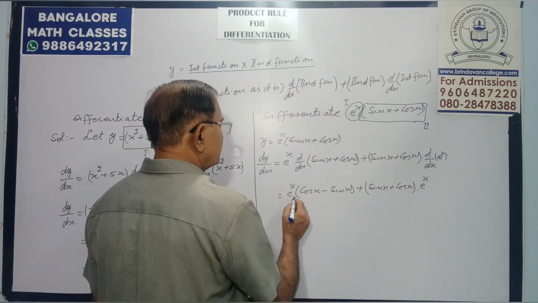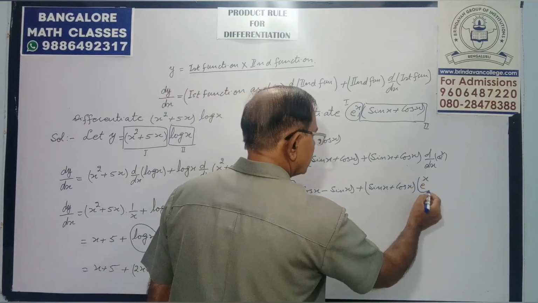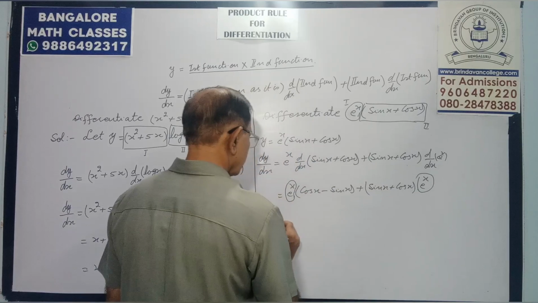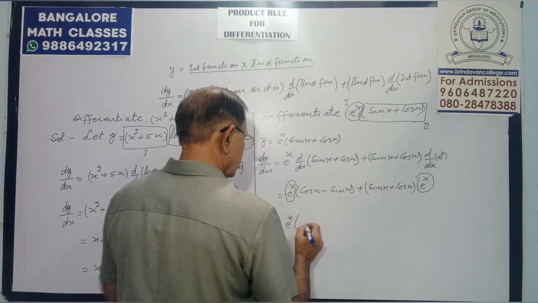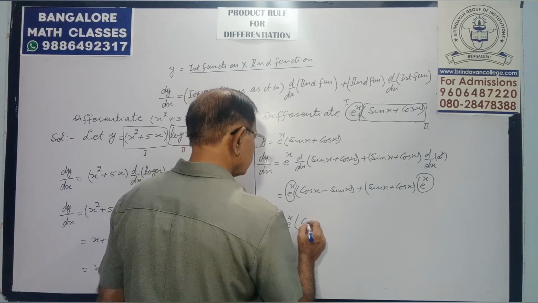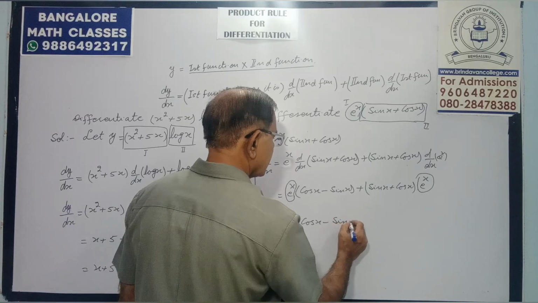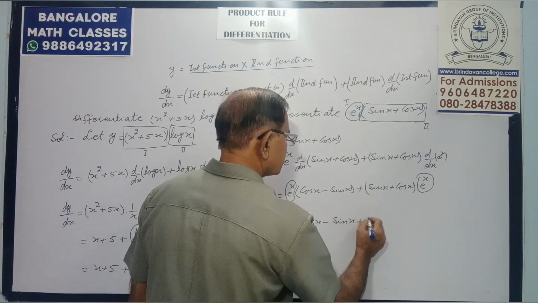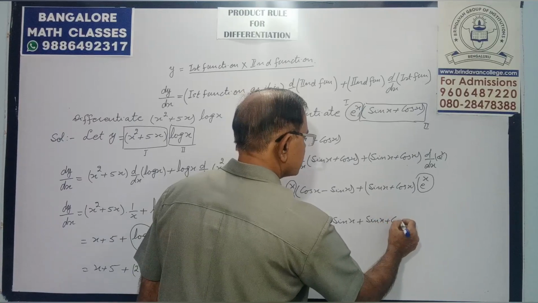Now see, in both terms eˣ we can take common: cos x minus sin x plus sin x plus cos x.